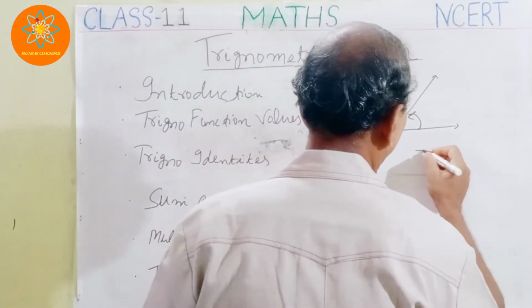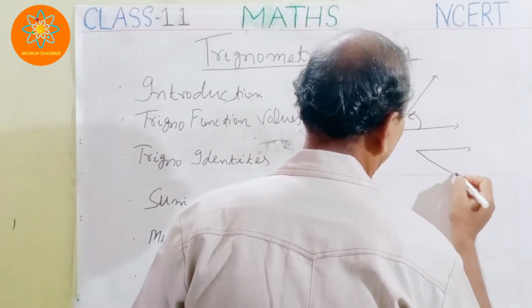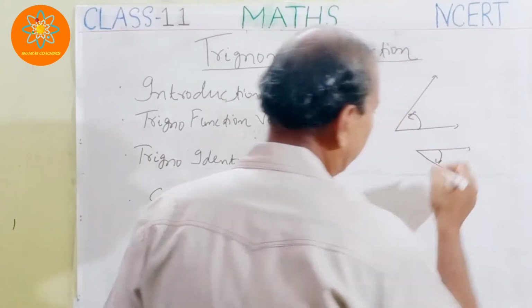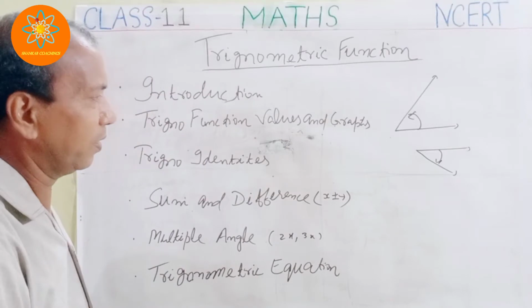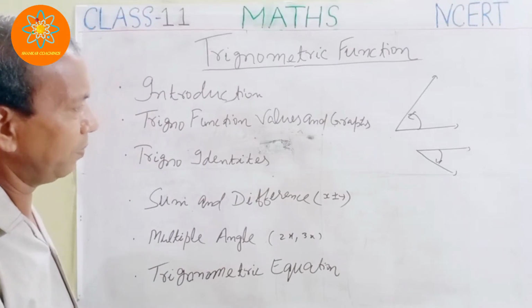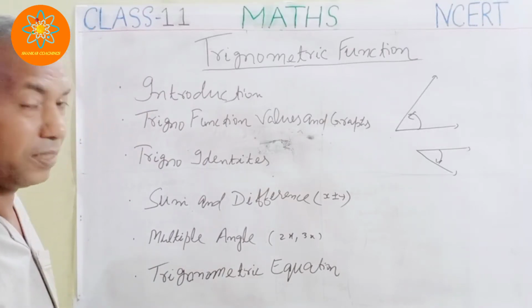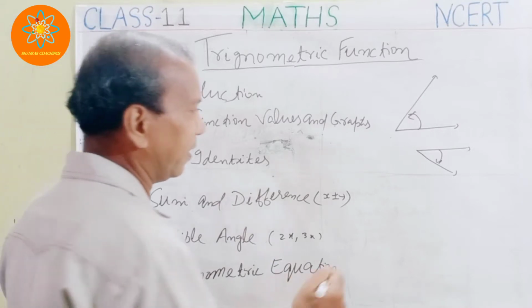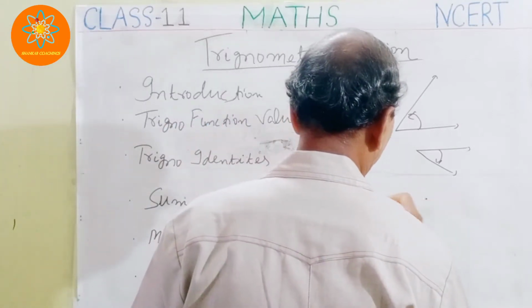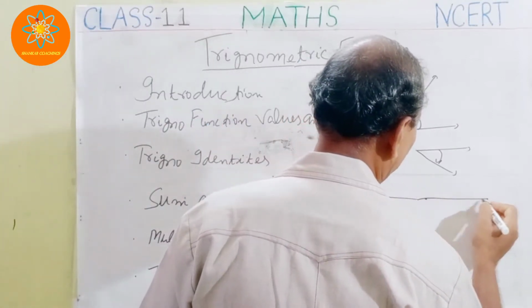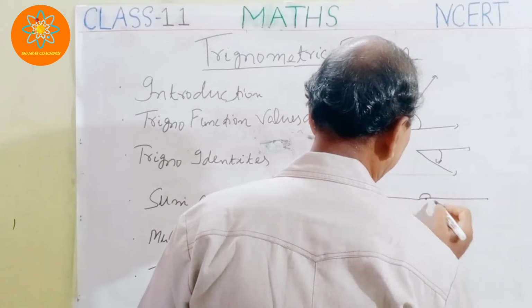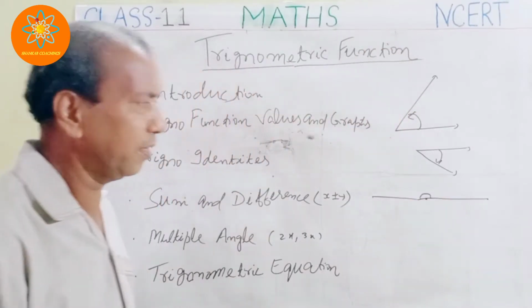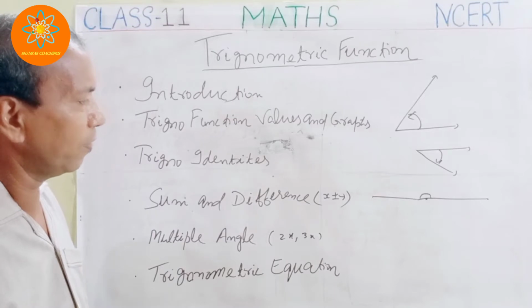Similarly, if I take it in this way, this is a negative acute angle. Similarly, we have many types of angle, like the straight angle. In the straight angle, this whole angle will be equal to 180 degrees. Likewise, a 360 degree angle is also there.